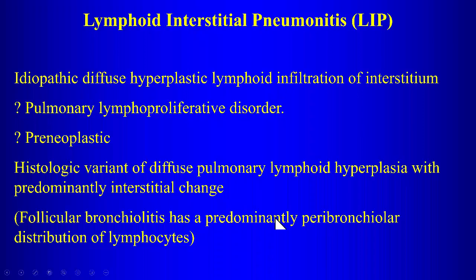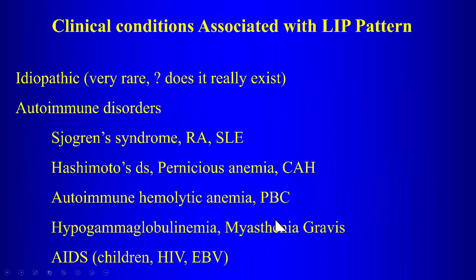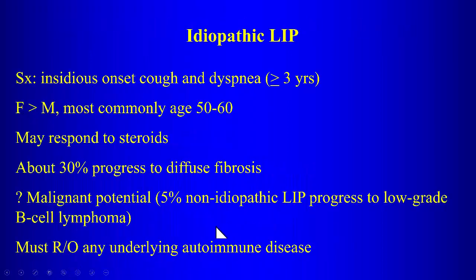It doesn't seem to be pre-neoplastic as an idiopathic entity, although with Sjogren's syndrome that is somewhat questionable. But it's proliferation of polyclonal lymphocytes in the interstitium. That's the pathology of lymphoid interstitial pneumonia. We do find it associated with autoimmune disease, especially Sjogren's, and I've listed some others. It is an AIDS-defining illness in children, so it can be associated with HIV, even in older patients.